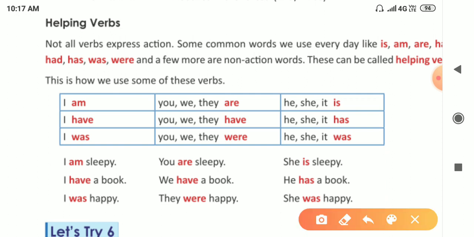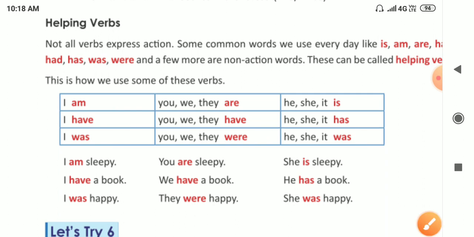Next is was and were. We use was with I, and with he, she, it, the singular, and with you, we, they, we will use were. These are the plurals. We have to identify whether it is a plural or a singular. After that we can choose the correct word.